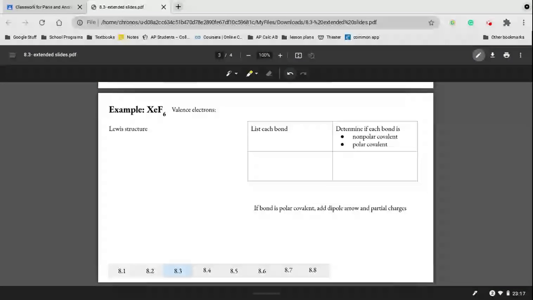Final example, XeF6, we have xenon, and then fluorine 6 times. As a noble gas, xenon has 8 valence electrons, and in the 17th group, fluorine has 7.